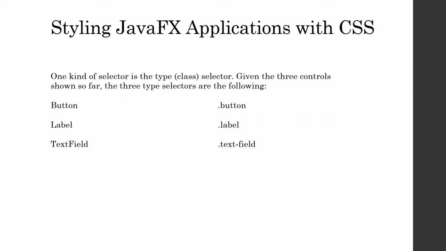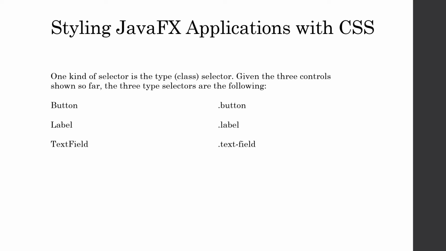So breaking down each of those different parts of our CSS selectors. So the first thing is going to be the selector name itself. So we've got an example here with the three controls that we've seen so far, our button, label, and text field. So if we take a look on the right-hand side, we've got the corresponding CSS selector for each of those three controls. So with our button, we've got this dot and then button. So anytime that we want to specify a selector for a particular class or a particular type selector, we're going to use that dot and then the name of it.